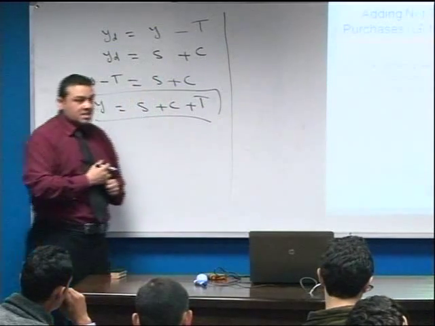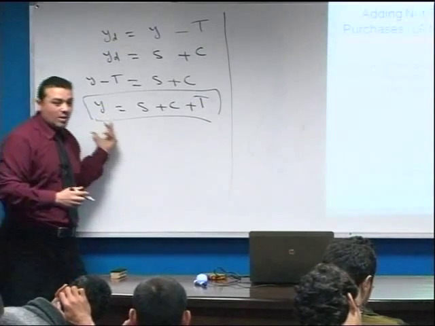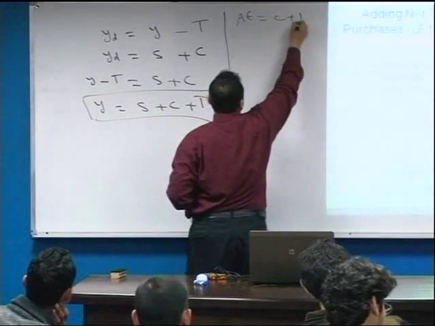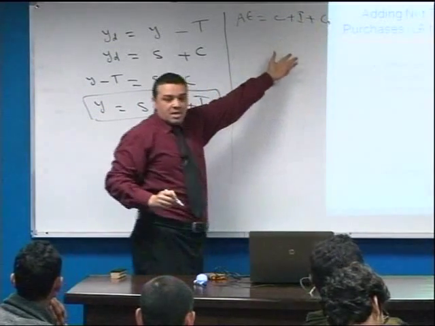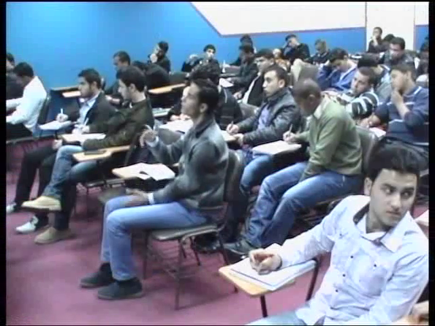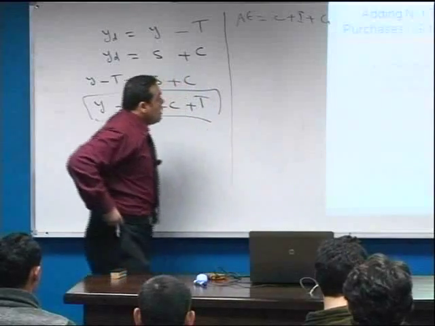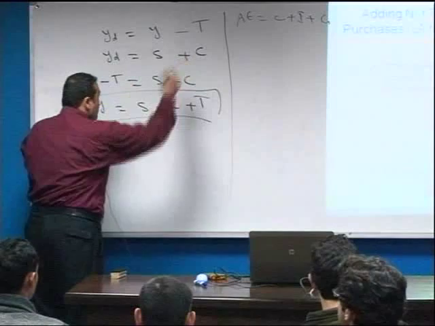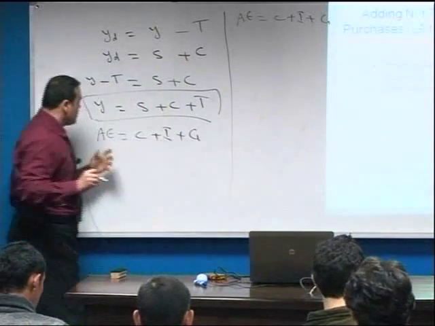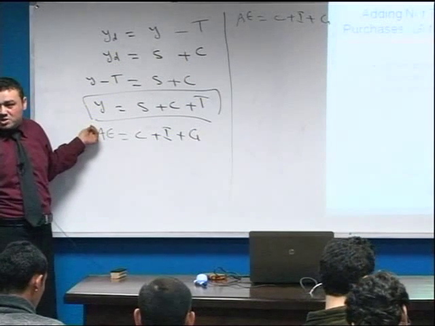Another thing: here we are talking about Y, the total income. What about the expenditure? Aggregate expenditure equals C plus I plus G, when we add the government. At equilibrium, Y must equal aggregate expenditure, as we mentioned before.